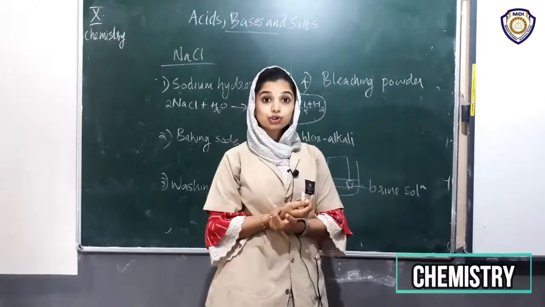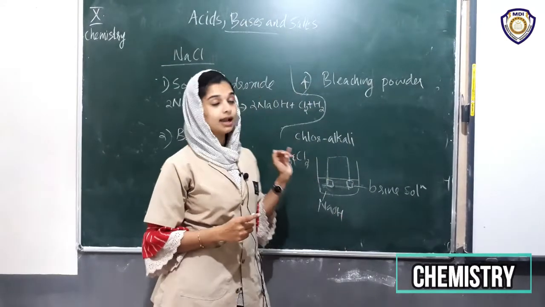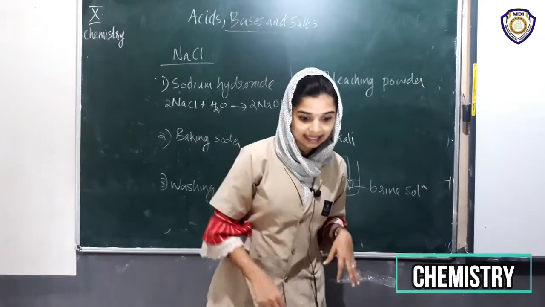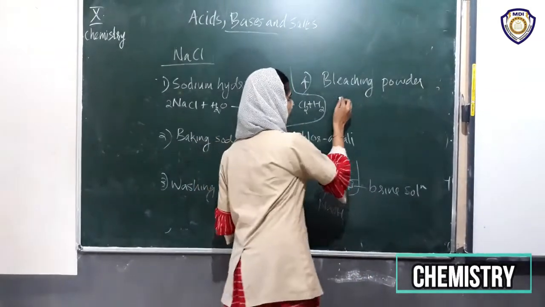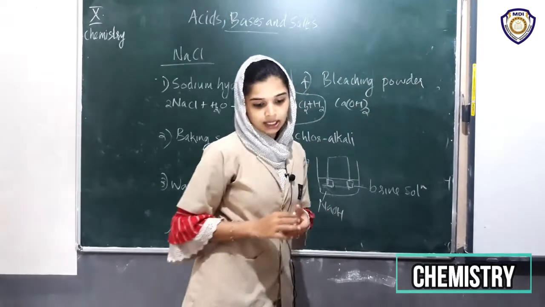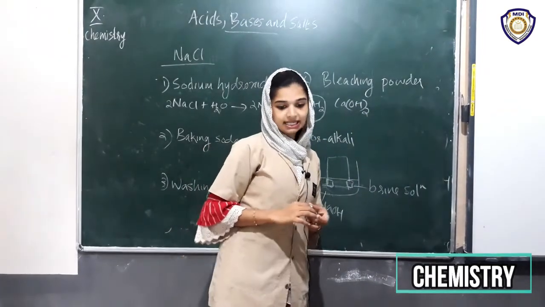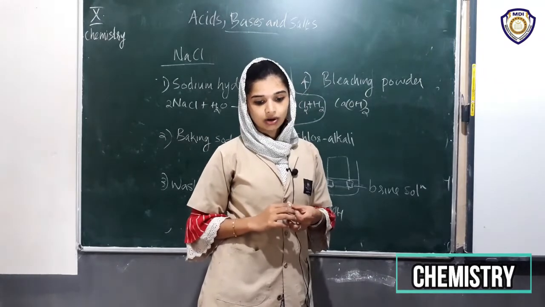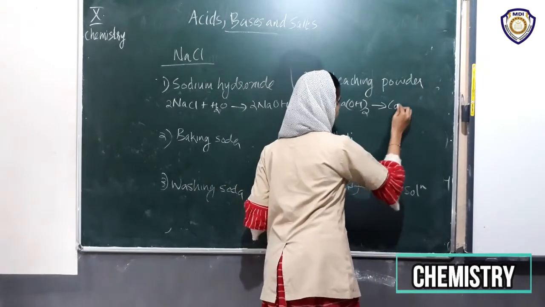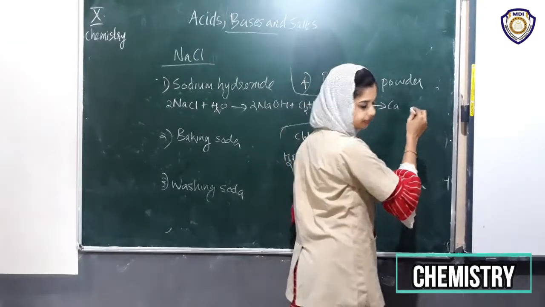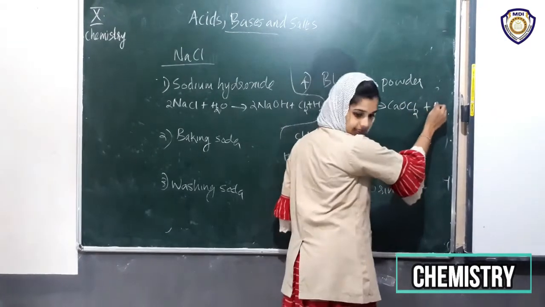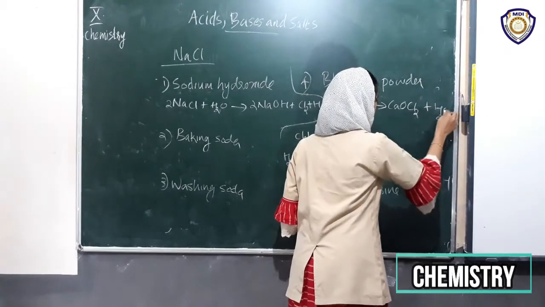Bleaching powder is produced by passing chlorine gas over slaked lime, which is Ca(OH)2. This is called slaked lime, chunnam. Passing chlorine gas over slaked lime, we get bleaching powder, CaOCl2, plus H2O.